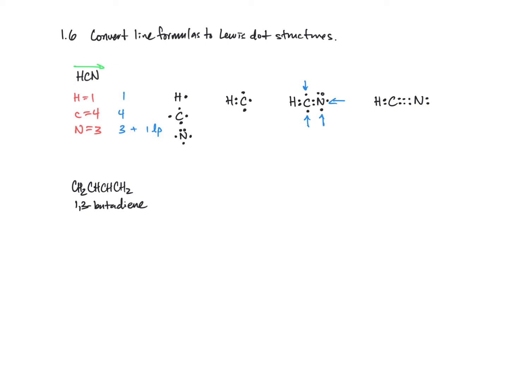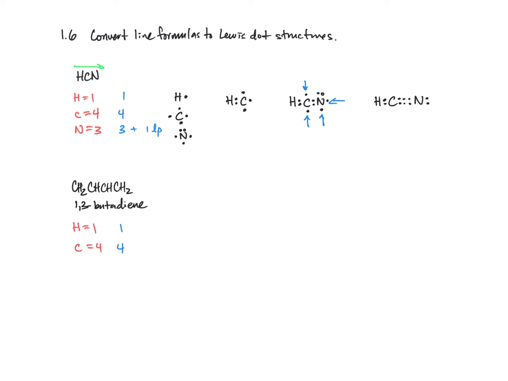In this case, again, we're converting this into a Lewis dot structure. So we'll write down again, hydrogen forms 1 bond, carbon forms 4. Hydrogen supplies 1 valence electron, carbon supplies 4.